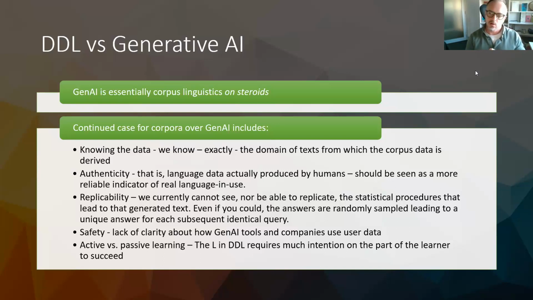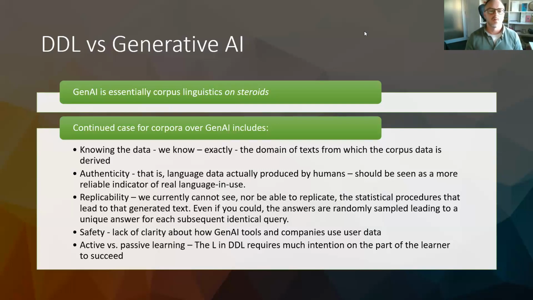However, for those of you who are still loath to use generative AI in your classroom practice, or are not sure whether you should be using it, advantages of corpus-based approaches to language teaching and learning include knowing the data. You can know exactly where that data came from, and even in Corpus Mate, you can get that citation about where it did come from.